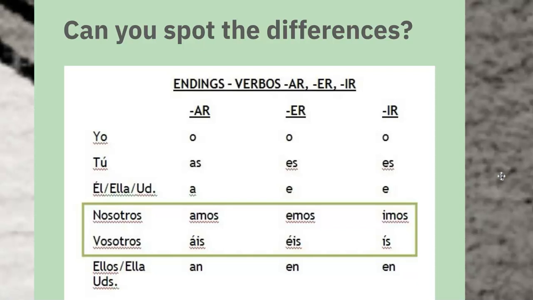So I'm having you look at the three charts, and I'm just curious if you're able to spot the differences. I gave you a little hint with our box, but I'm going to give you a couple of seconds to look over it quickly. In your brain, be thinking about which verbs are the same, which have the same endings with their pronoun, and which ones are different.